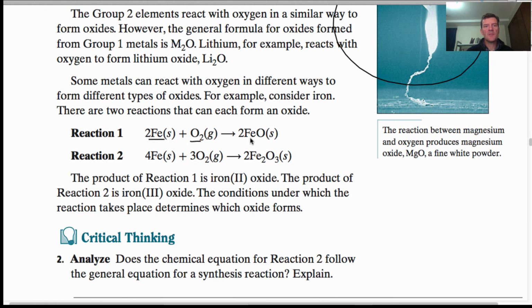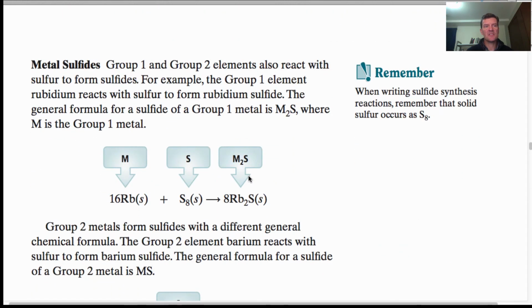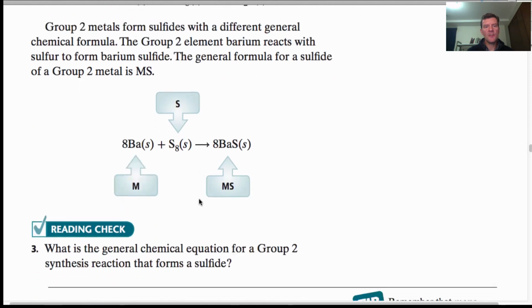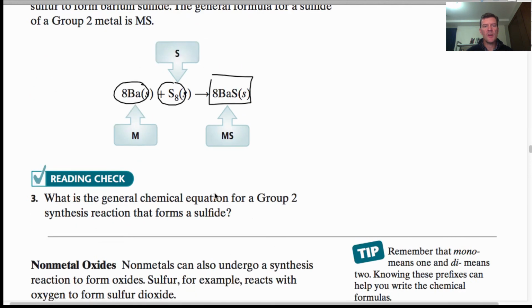Iron and oxygen combining to give you iron 2 oxide. And here, iron and oxygen combine to give me iron 3 oxide. Those are also synthesis reactions. And there's some more there, and you can look at them. But the key point is you have 2 or more things as reactants combining to give you only one product. One product.